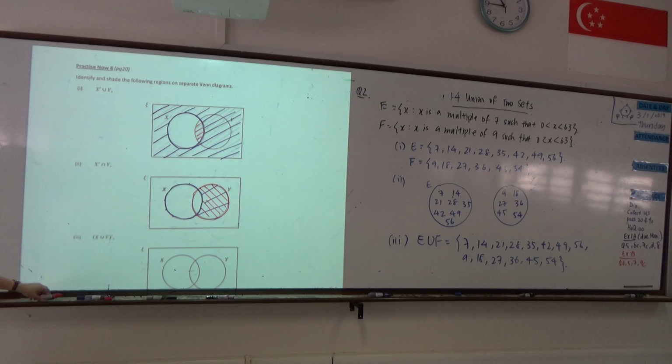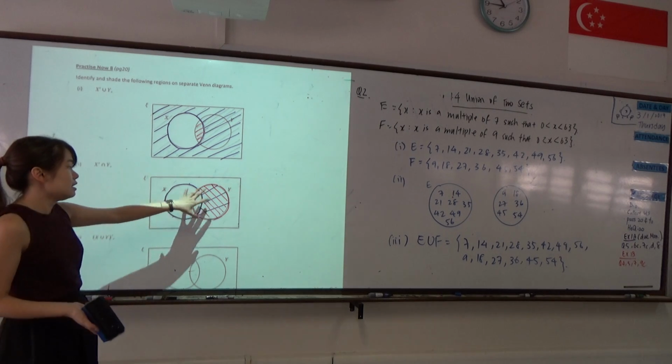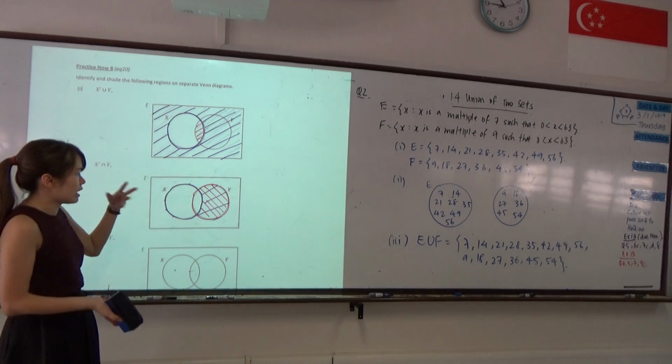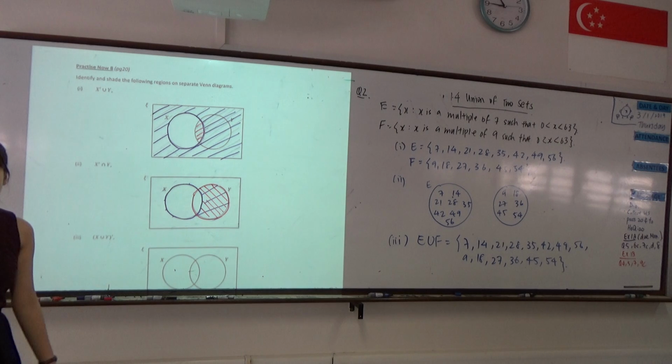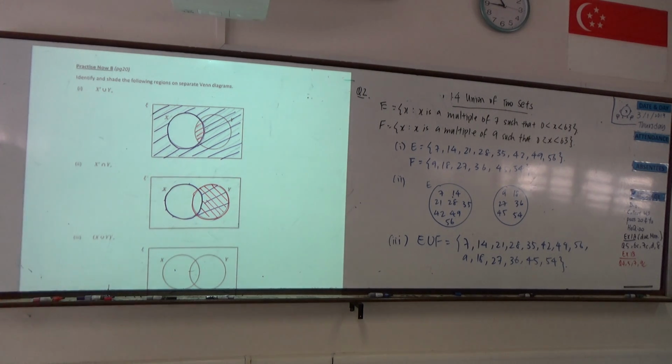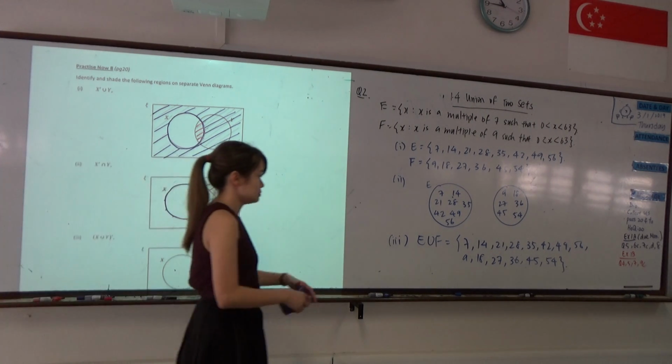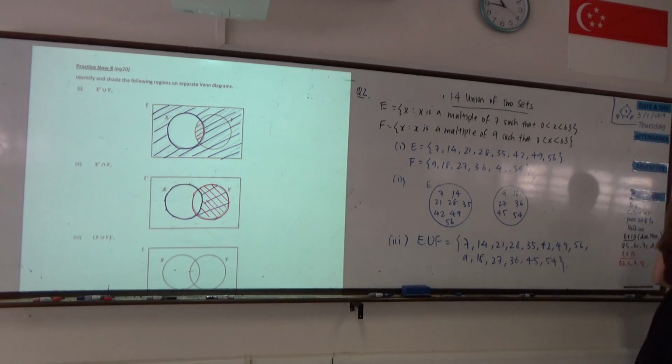For starting out this shading thing, you may need to do some erasing, but once you get the hang of it, it will be easier, so you can visualize and directly shade it. Don't need to do any erasing.